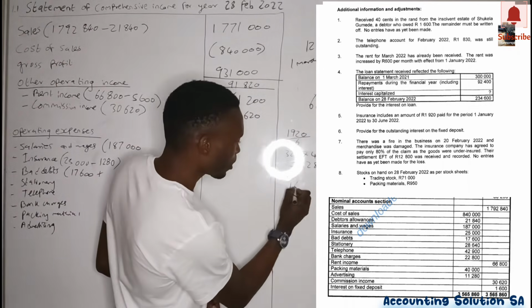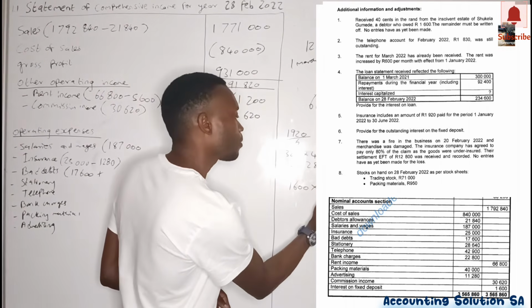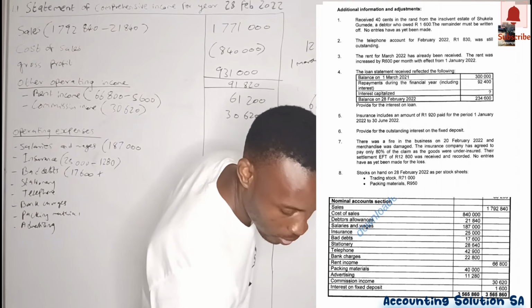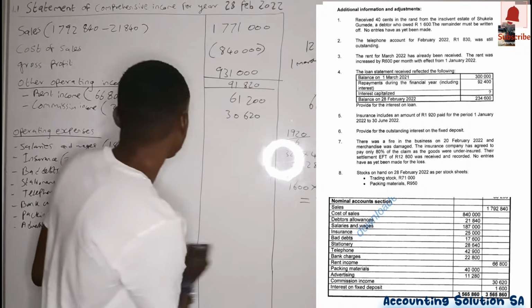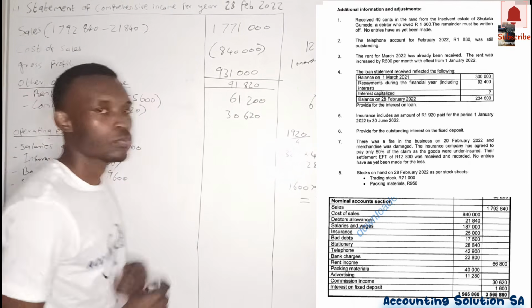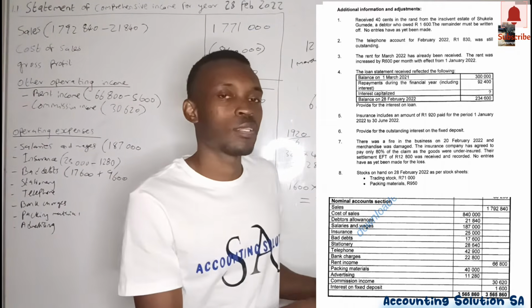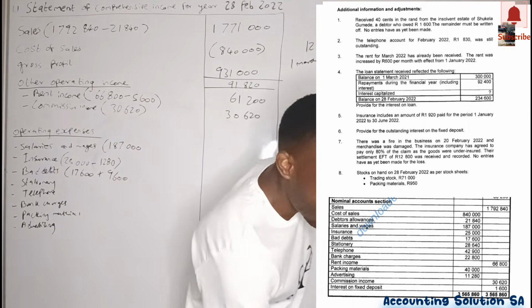Okay, 1,600 multiplied by 60% is going to give you, let me calculate, 960. And 960, we are going to add it because it's a loss to us, because that person is not going to pay us this amount anymore. Okay, now let's proceed.